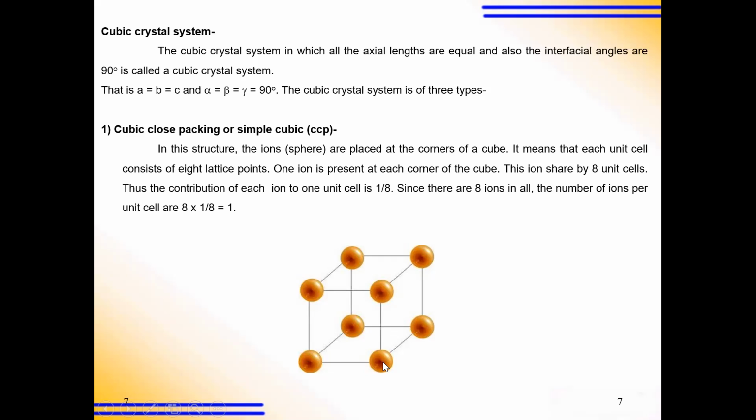So one ion is present at each corner of the cube, and this ion is shared by 8 unit cells. आता हा प्रत्येक आयन जो कॉर्नरचा असतोय, हा 8 युनिट सेलला शेअर करत असतोय. म्हणजे हा कम्प्लीट नसतोय, तर हा डिवाइड झालेला असतोय 8 मध्ये.